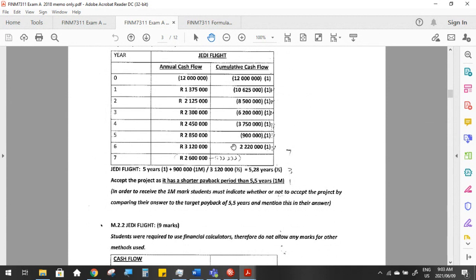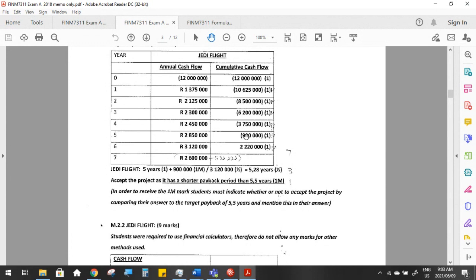We need 1 year negative and 1 year positive. And then remember, our calculation is we take the last year where it was negative, 5 years. So our payback will be 5 years plus 900 over 3120.